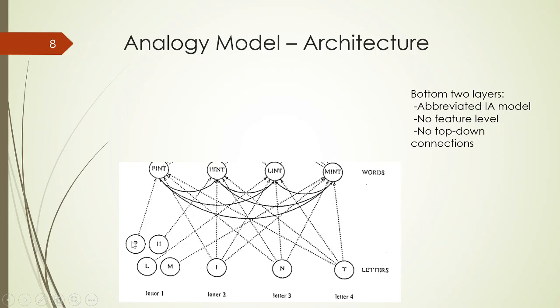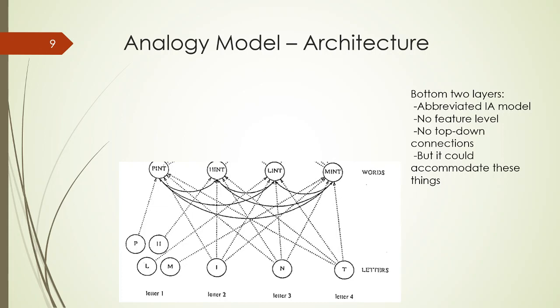But we are also assuming, although they're not depicted, that the position 1 P node shares inhibitory connections with the hint word node, the lint word node, the mint word node, and all of those word nodes that are not shown, which are not spelled starting with P, because these down here are letters. So this is about the orthography on this level, not about the pronunciation. All right.